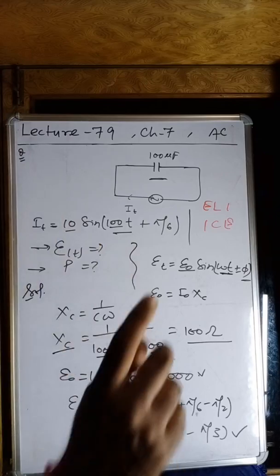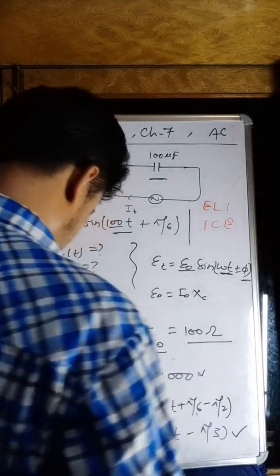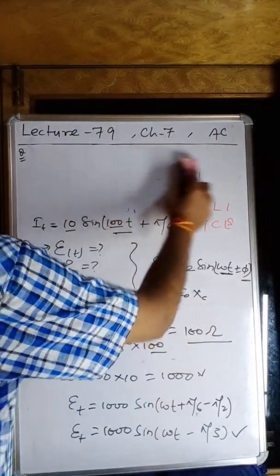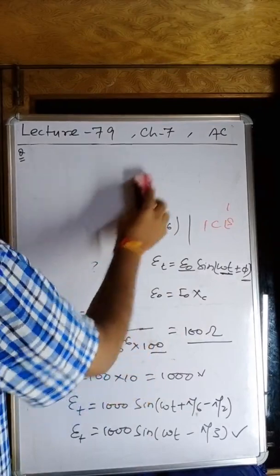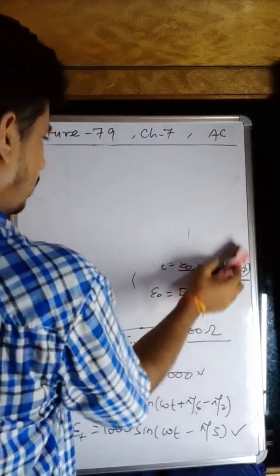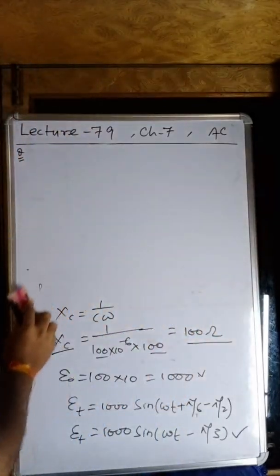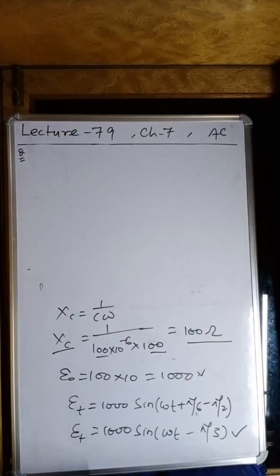Let me give you one more question, my dear students, for your practice. The next question is for the inductive circuit, because we have solved one question of the capacitive circuit.